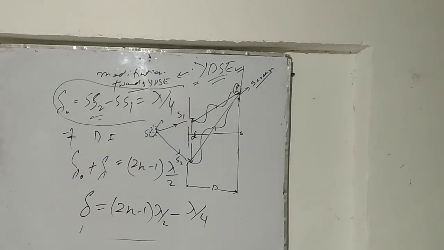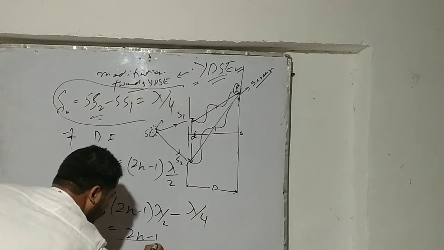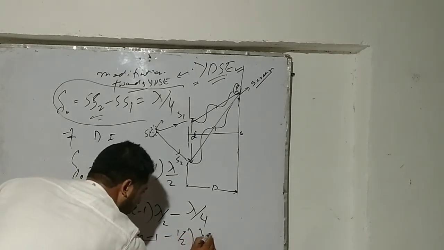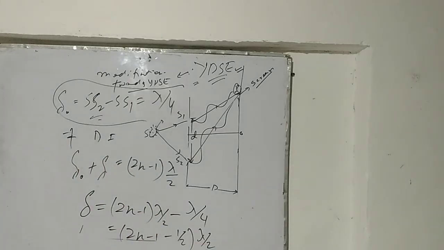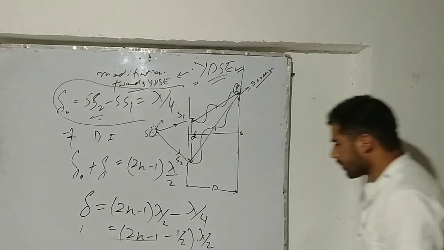So what I will get here is 2n minus 1 minus 1 by 2, here it will be lambda over 2, okay. Hope you are getting it. This is a simple mathematical tip here, okay.